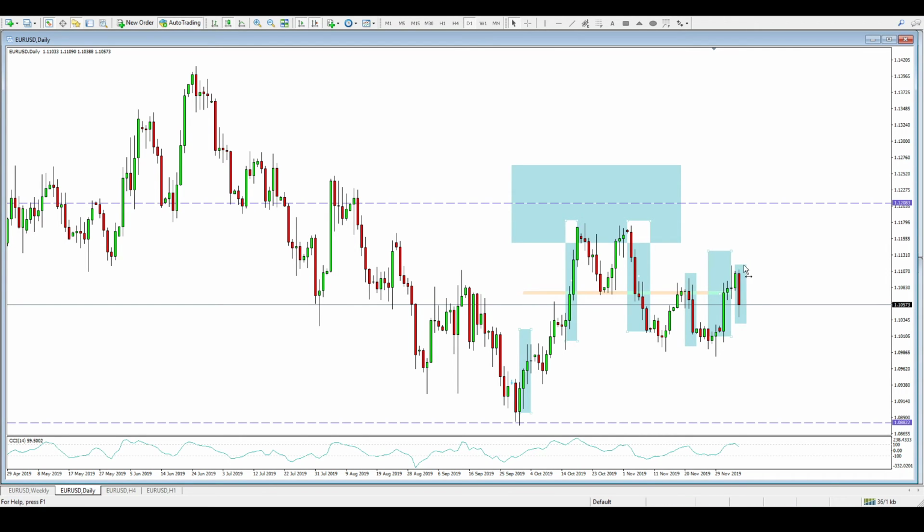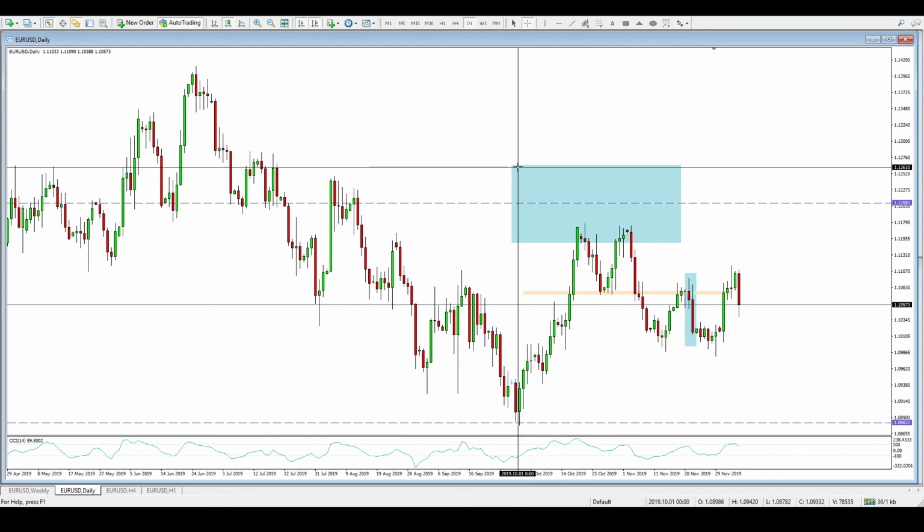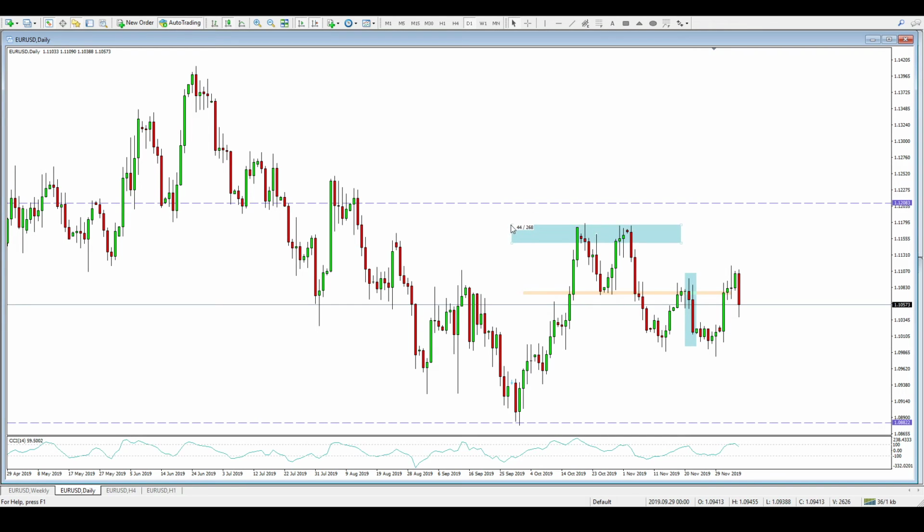So let's get rid of all these boxes and see what the next logical place for this pair would be right now. Double top here. It came back down, retested this level.